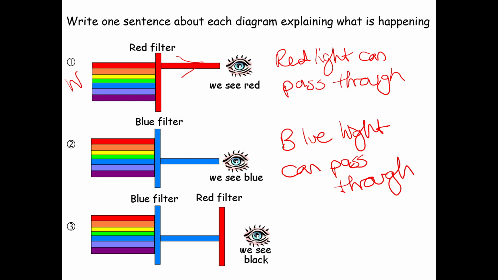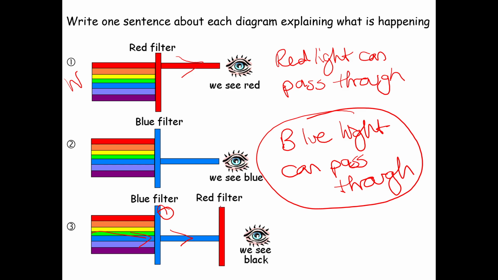Finally, this is when we have 2 filters next to each other, so we have to think about each of them in turn. So we've already looked at the blue filter. First of all, we have to consider this first. So the white light passes through here. The filter is blue, so it's only going to let the blue light through. So this is the explanation that we had here.